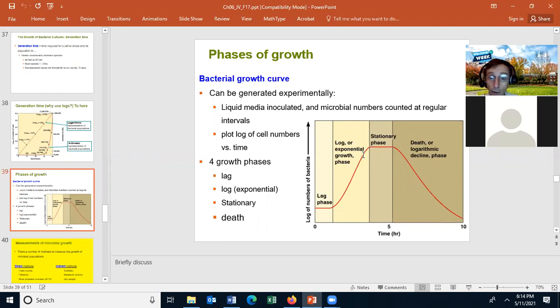So the growth of the bacteria slows. Eventually the bacteria will slow and we'll have the stationary phase where the bacteria growing equals the bacteria dying. And so the population number of bacteria remains the same.